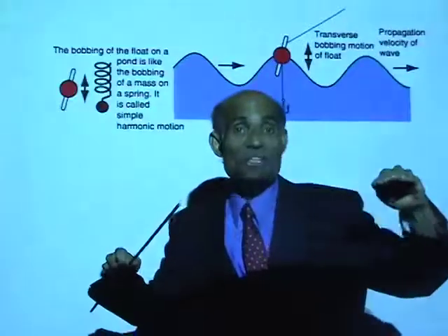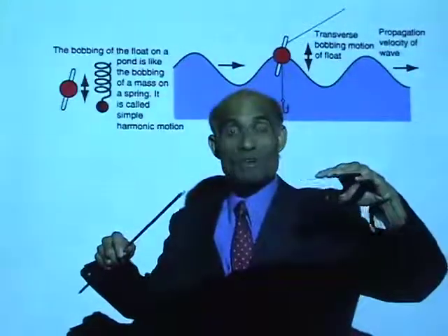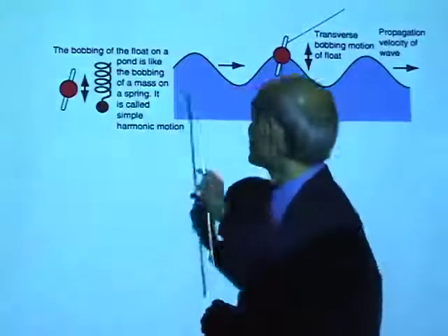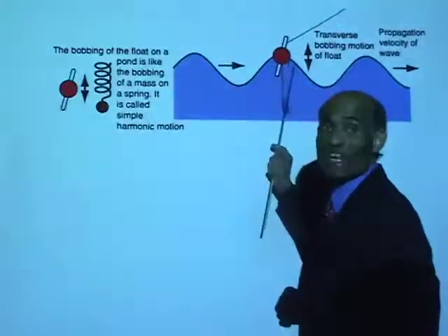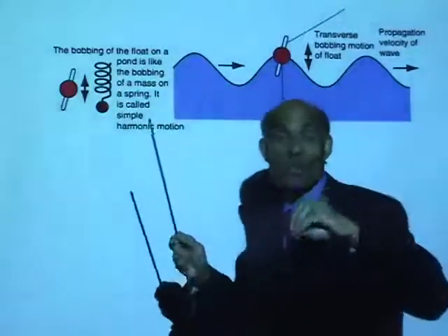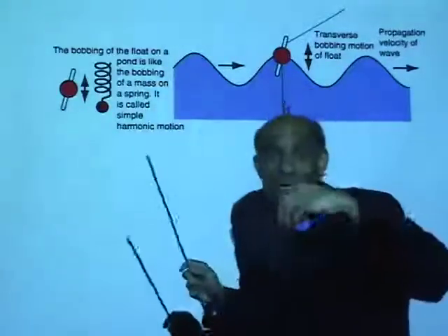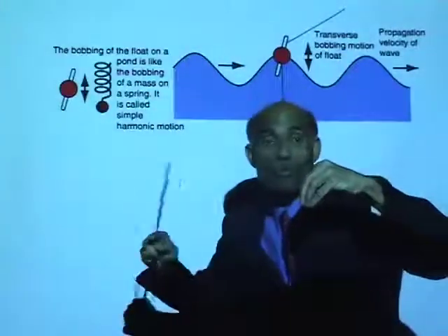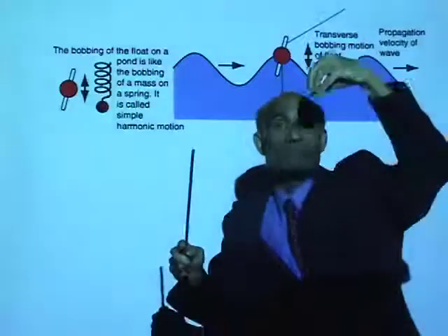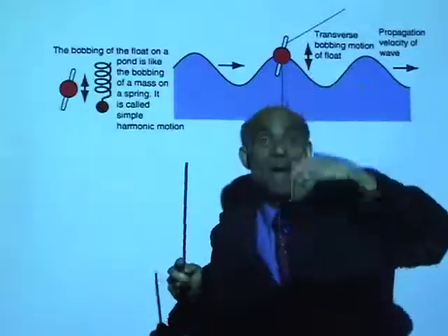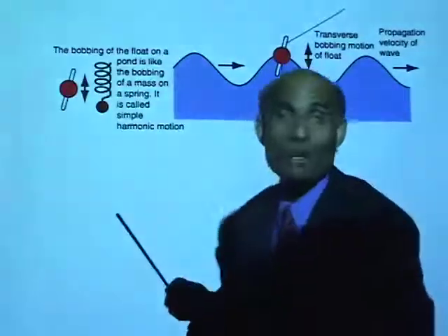The energy travels along the surface. If you keep an object on the surface of water, you can see that object does not move away. That object will simply move up and down in simple harmonic motion.